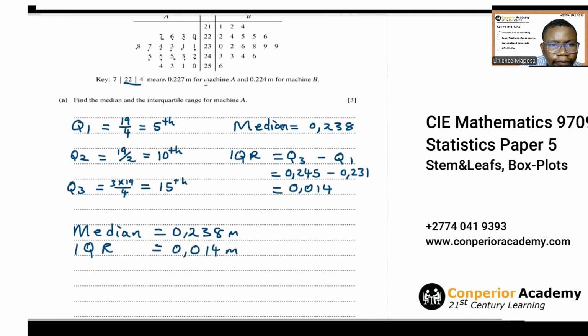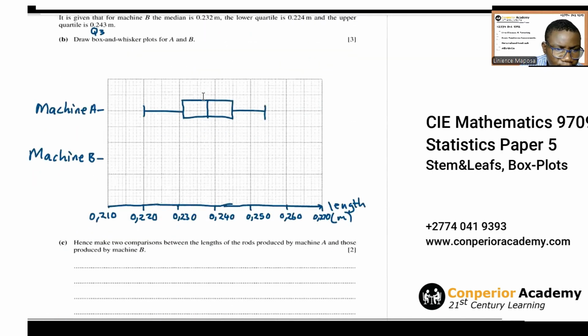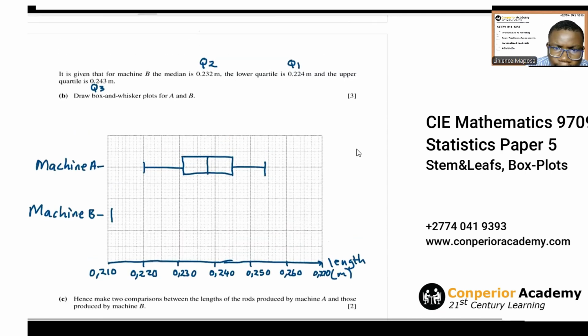Then I go on to machine B. Machine B, the lowest value is 0.211. So I'll say 0.211 will be here. And then my Q1 is given as 0.224. 0.224 is here. Then I need my median, which is 0.232.